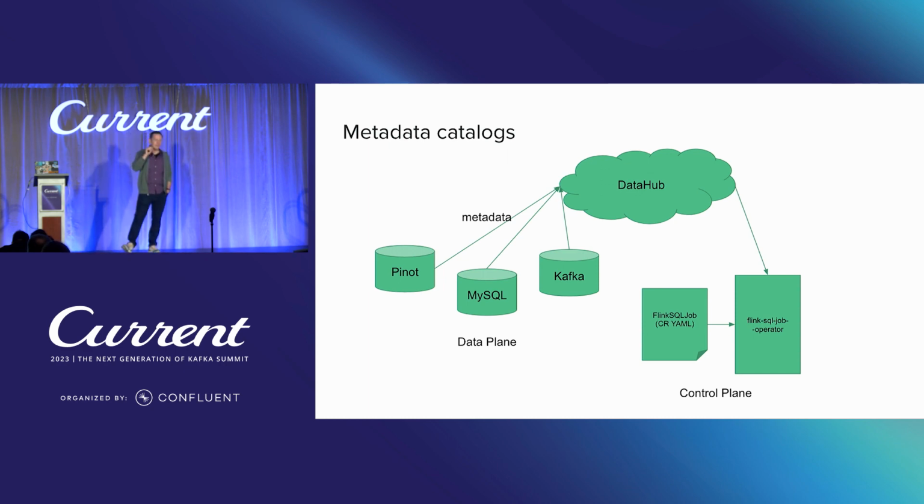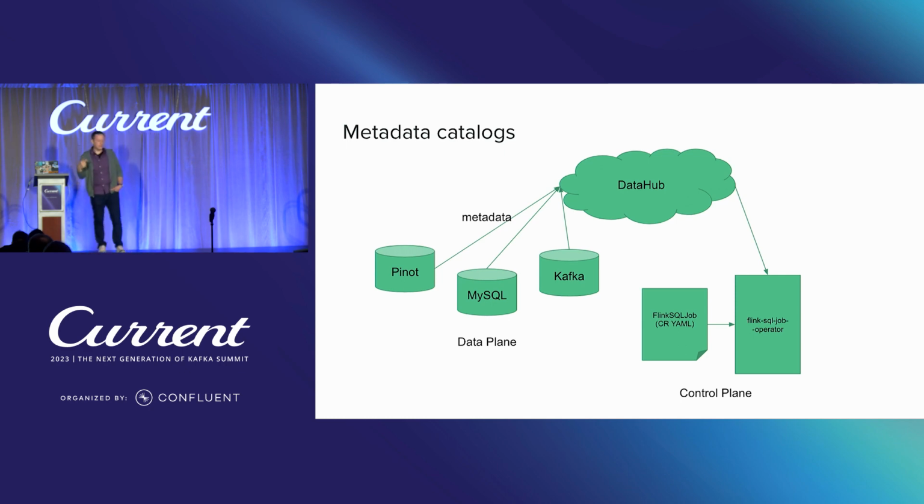So that means that our individual data plane and storage layer databases, the infrastructure that moves things around or stores things, can register metadata, including schemas and change events, with DataHub.